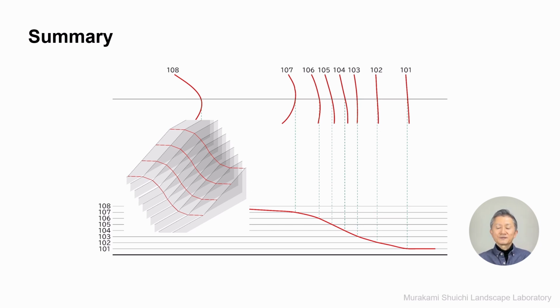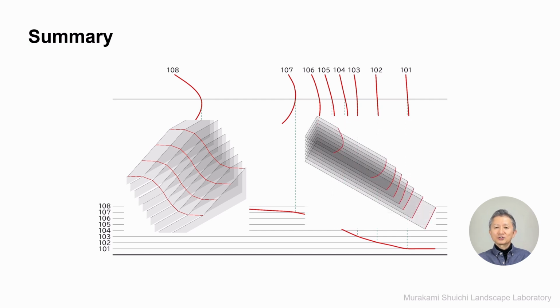At the same time, it can also be understood as a stack of horizontal planes defined by contour lines. A complex and ungraspable landform can be represented and understood as layers, both horizontally and vertically. And this way of seeing and drawing landform becomes the foundation for designing landform while considering the experience of those who walk upon it.